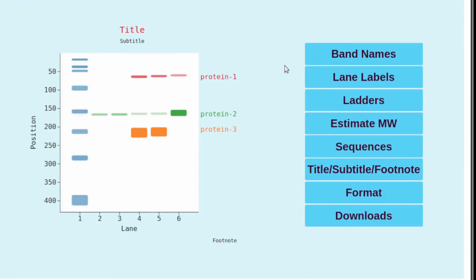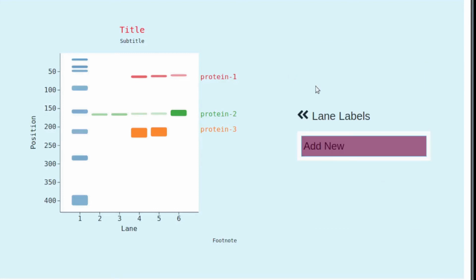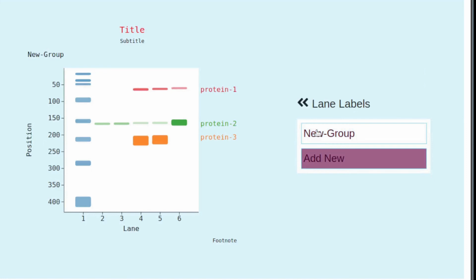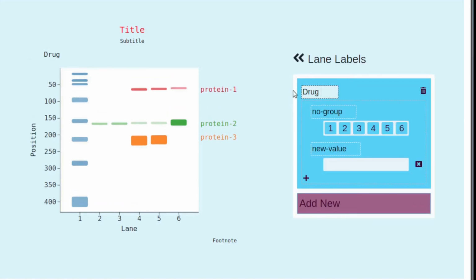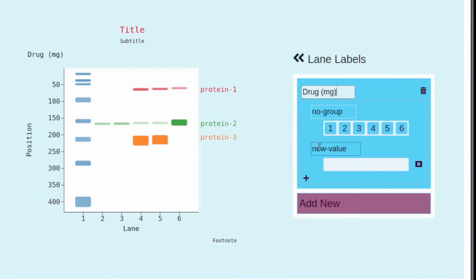Let's suppose that the samples in lanes 2 through 6 were treated with an experimental drug at a dose of either 100, 10, or 0 milligrams. To display this information in the figure, click on the Label Lanes tool and click on New Label. We will choose the name drug in milligrams, and we will add the values 100, 10, and 0.